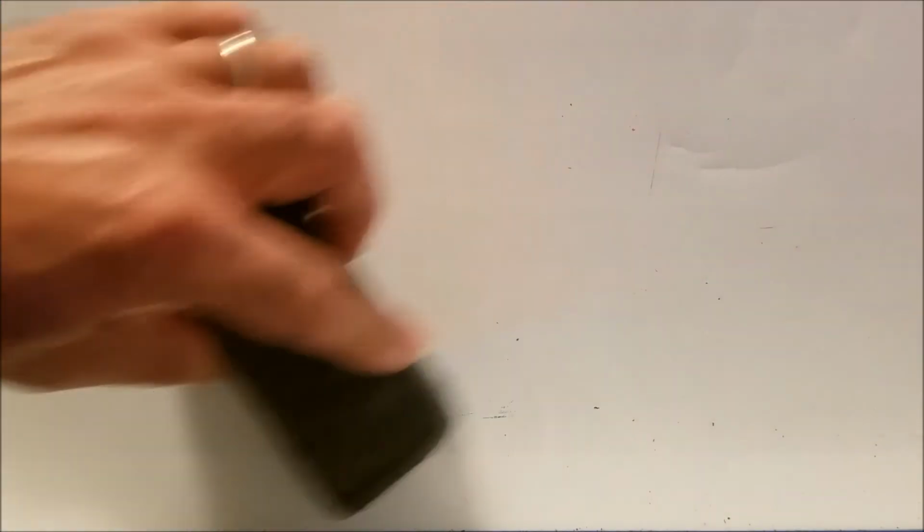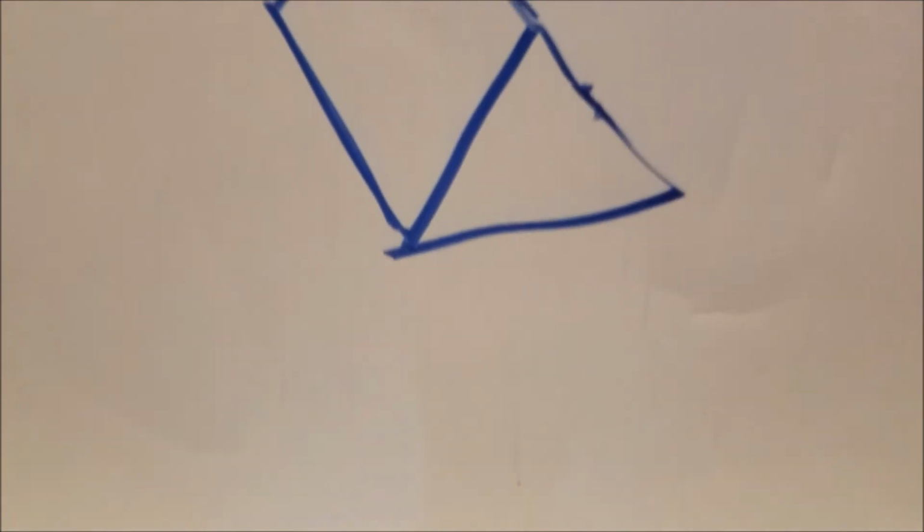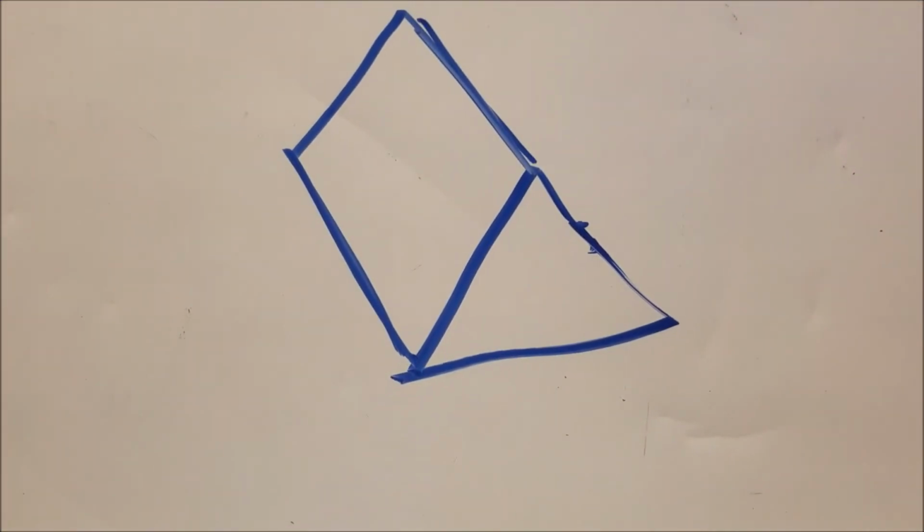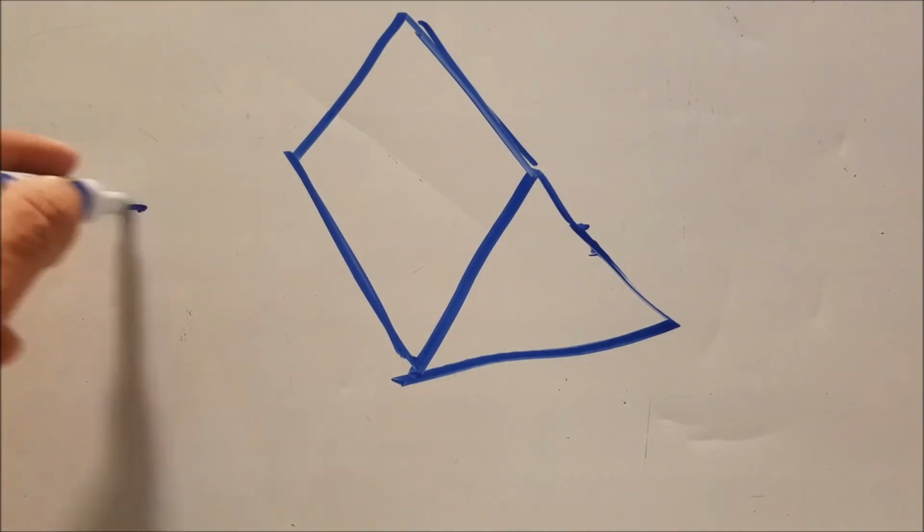Alright, so let me draw a shape. You tell me what this shape is. What do you think that is? It'll help if I move up the camera, right? There we go. What is that shape? It's a triangular prism.